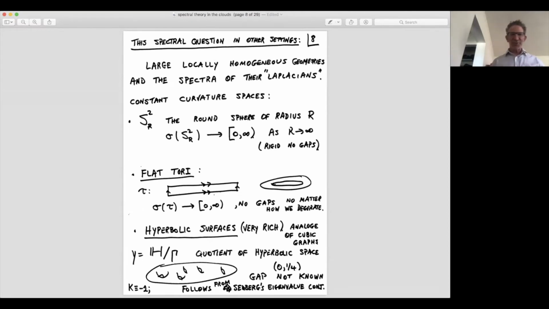Now, this problem with just 3-regular graphs, I want to put it in the context of some other problems. This slide and the next slide will be a little more sophisticated than just 3-regular graphs. So where does this problem lie? It's a problem about locally homogeneous geometries. That's what a 3-regular or any regular graph would be. It's locally homogeneous, but globally you glue it in some way.